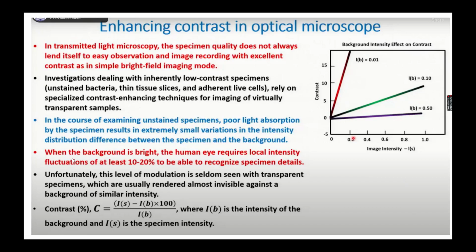Here also we can see that when the background is bright, the human eye requires a local intensity fluctuation of at least 10 to 20% to be able to recognize it. Suppose I give you two similar pictures, and the contrast difference is less than 10%.